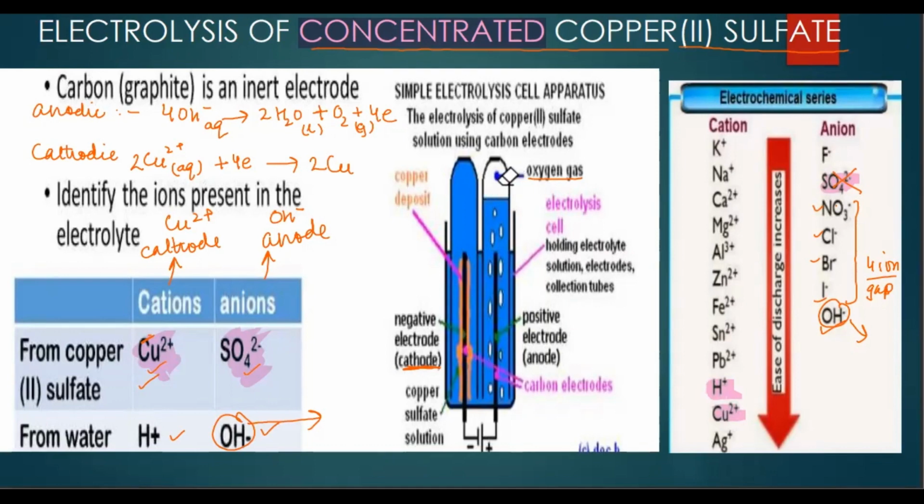And number three, there will be bubbles liberated at the anode. When we test these bubbles or the gas collected, that's going to relight the glowing splinter. So these are going to be the 3 observations. If this kind of question comes in an ATP, these are the observations the examiner can ask you about.